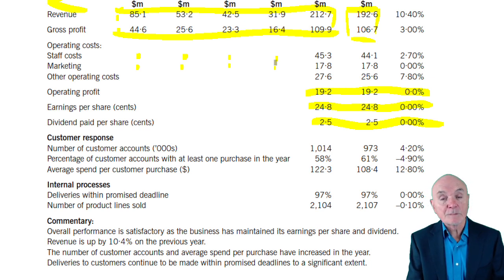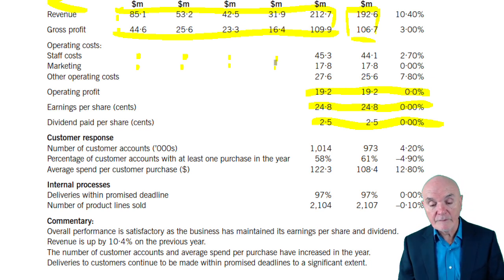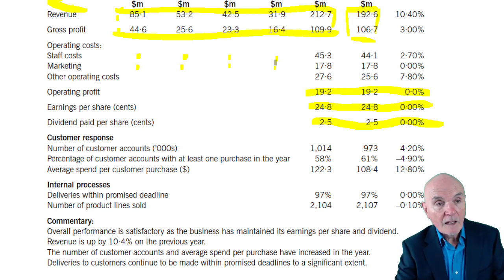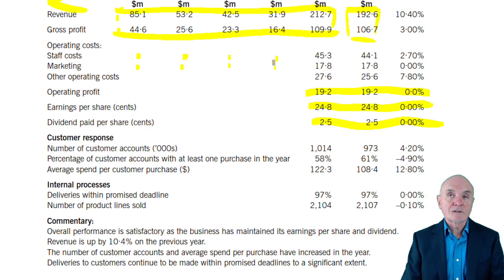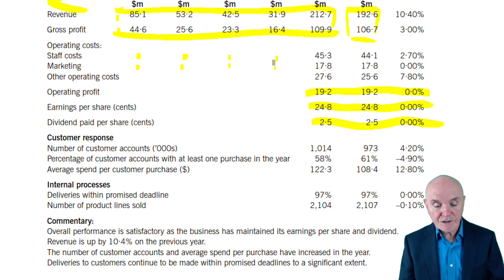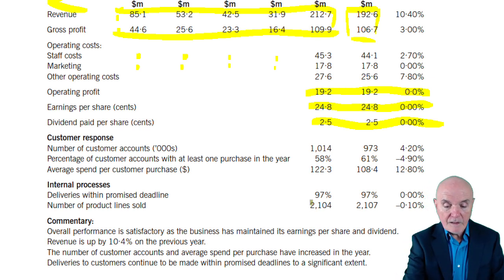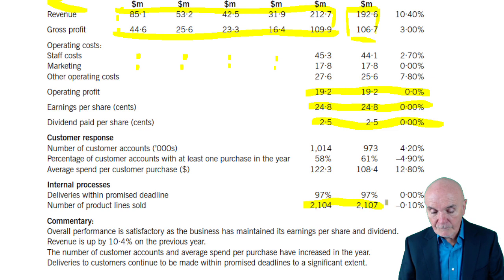What about the subsidiary requirements here? One of the subsidiary requirements was to improve the product range. And if we look down here, number of product lines sold, it's gone down.